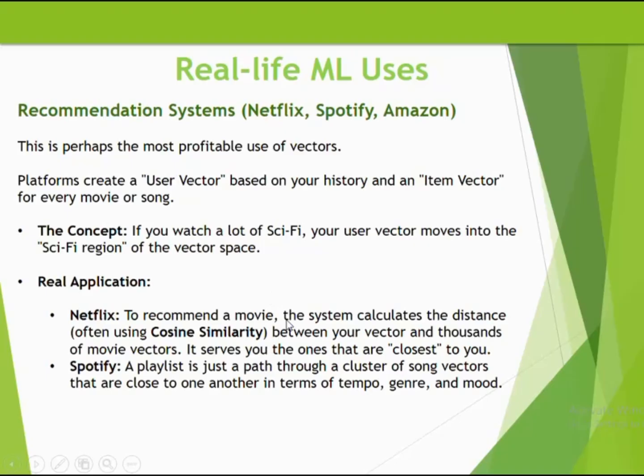The system will calculate the distance, often using cosine similarity, between the user vector and thousands of movies that are available in the form of vectors in the vector database of Netflix, and then based on that search it will serve the user with the closest ones to that sci-fi genre, right? This is exactly how the recommendation system works in Netflix.